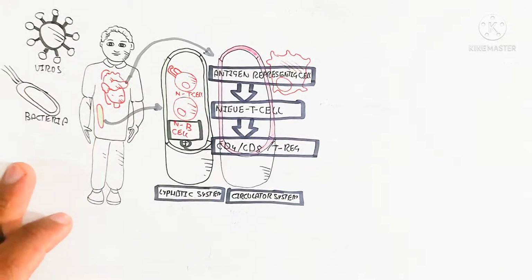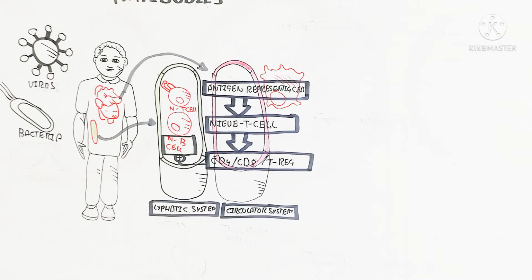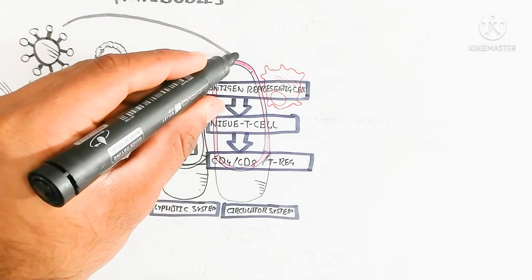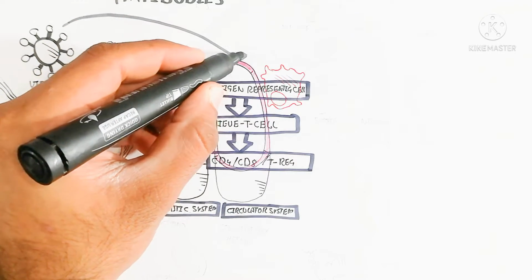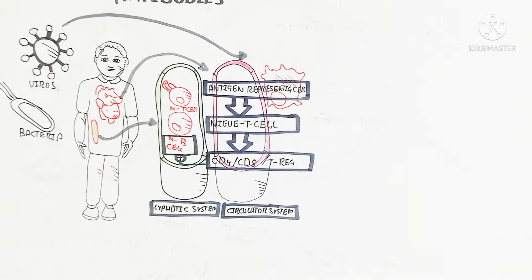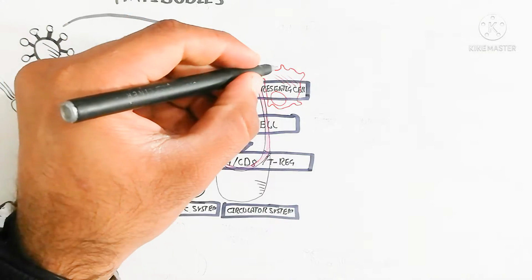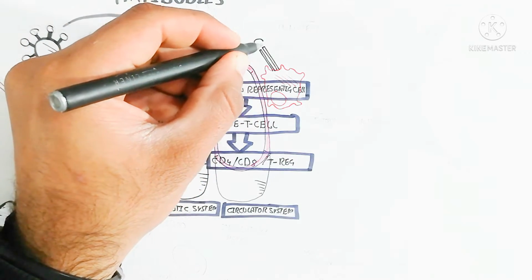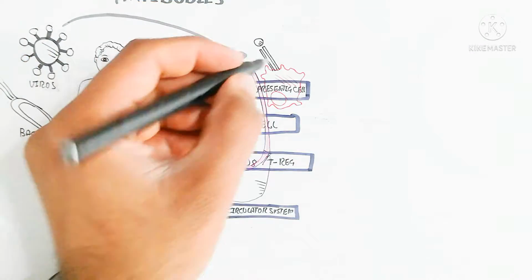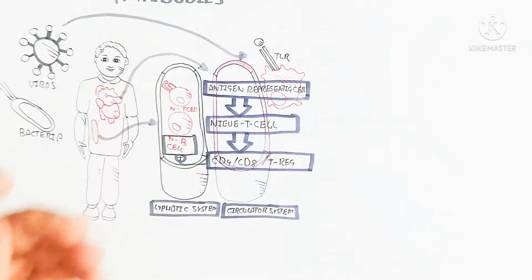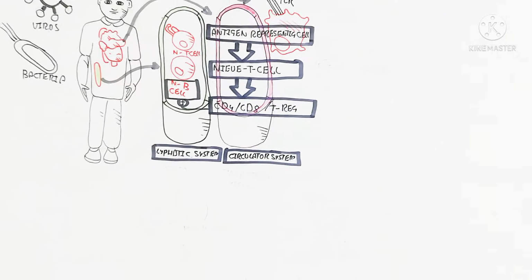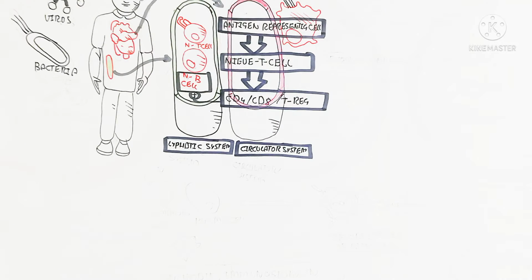After the naive B cell recognizes the antigen, it will proliferate into a specific B memory cell and plasma cell. Plasma cells produce antibody at the time of infection, while on the other hand, the B memory cell will produce antibody throughout life for clearing further infection. That is why it is known as the B memory cell.